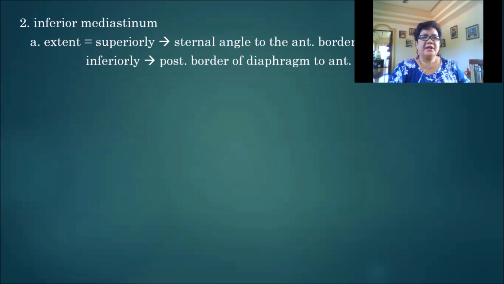Then inferiorly, it will extend from the posterior of the diaphragm to the anterior border of the T12 vertebra. So you can see that posteriorly the extent of the mediastinum is from T1 to T12 vertebrae.